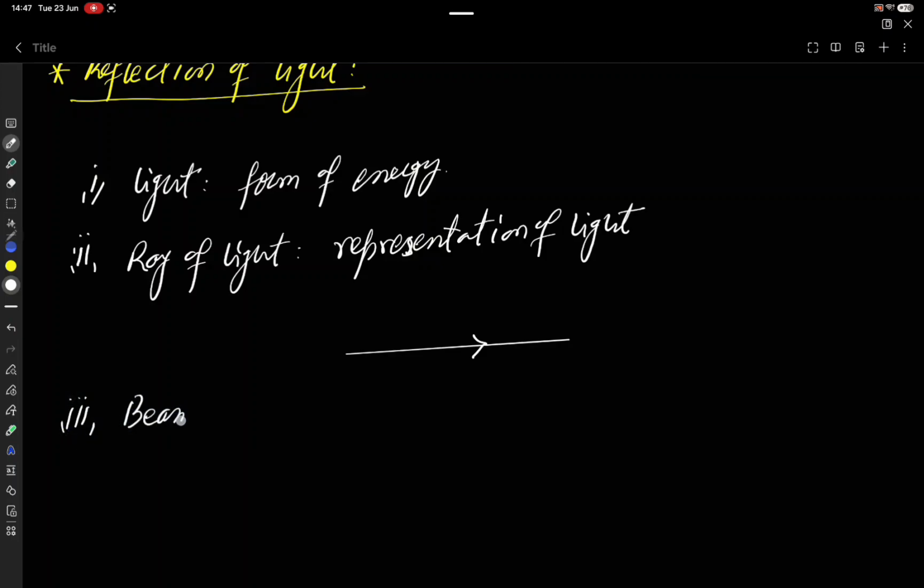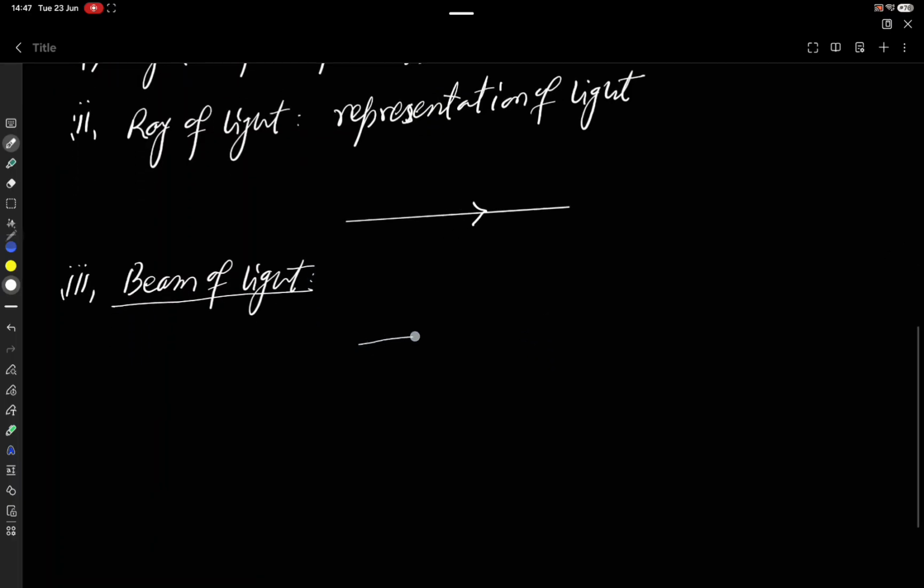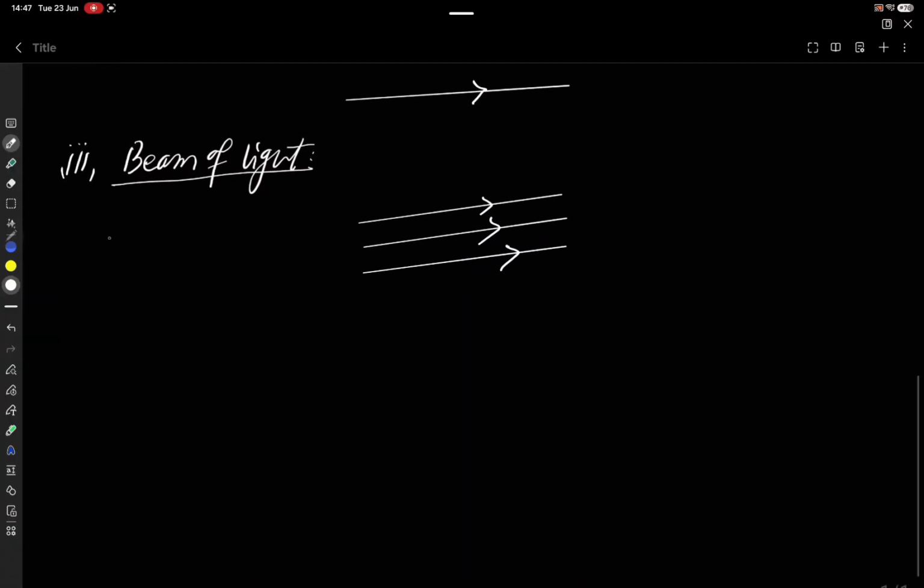Beam of light: this is the beam of light, bundles of rays of light.